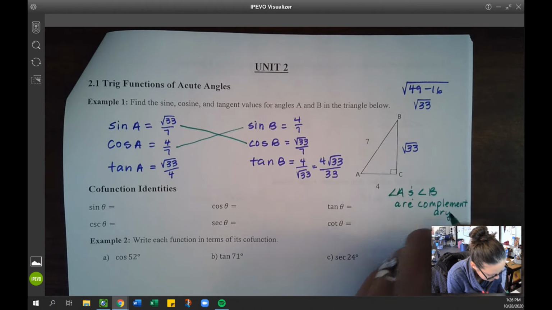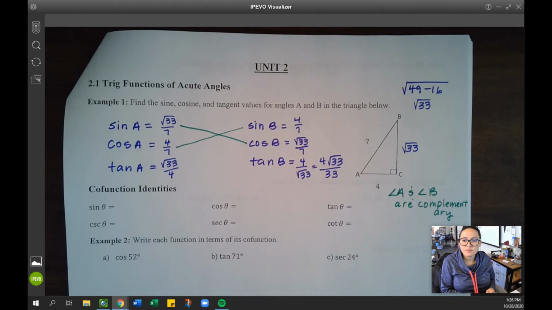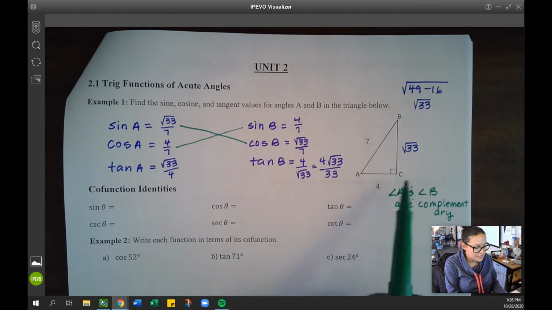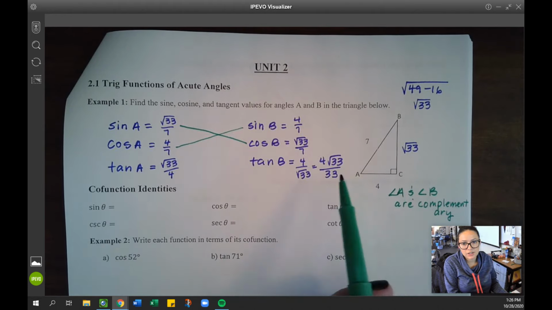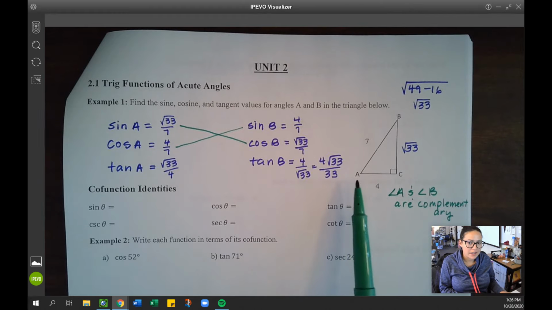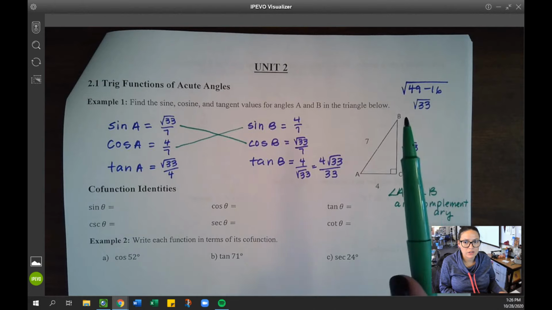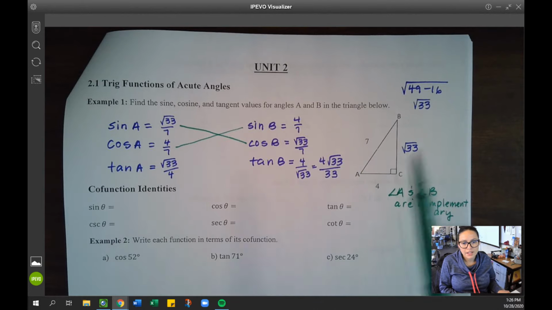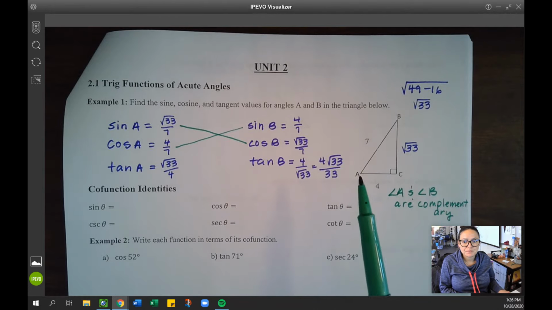They add to 90 degrees. We know that because angle C is 90 degrees, which means the other two must add to 90 degrees. So it will always be the case that the sine of one angle will be equal to the cosine of the other and vice versa.